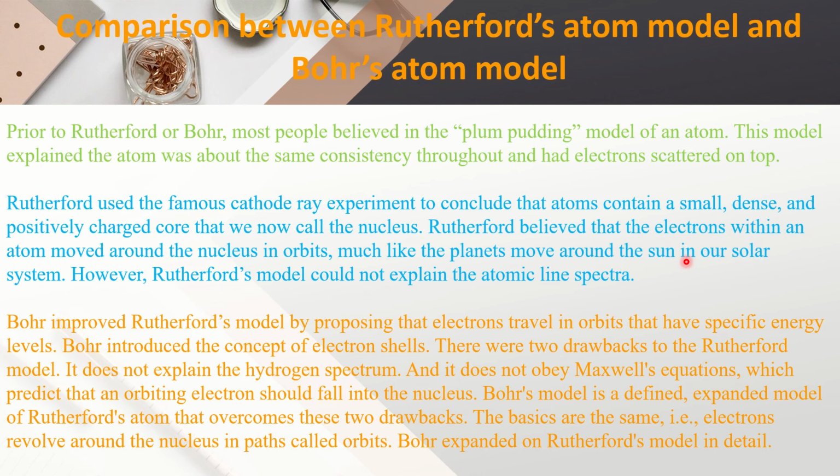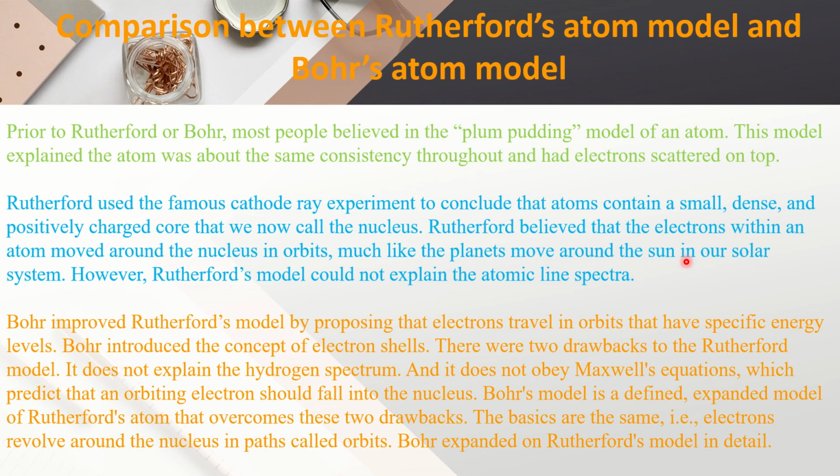These two drawbacks are: it does not explain the hydrogen spectrum, and it does not obey Maxwell's equation. What is this? Maxwell's equation predicts that an orbiting electron should fall into the nucleus. Bohr's model is a defined, expanded model of Rutherford's atom that overcomes these two drawbacks.